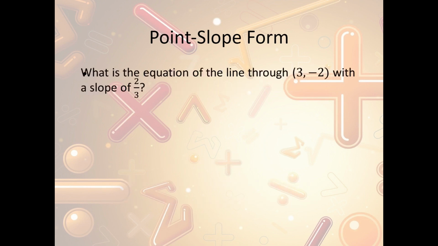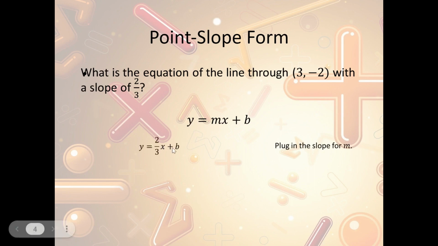So let's take a look at an example of this. It says, what is the equation of the line through (3, -2) with a slope of 2/3? First we take our y equals mx plus b, and we're going to plug in what we know. We'll plug in the slope first. The slope is 2/3, that goes in for m. So now this says y equals 2/3 x plus b.